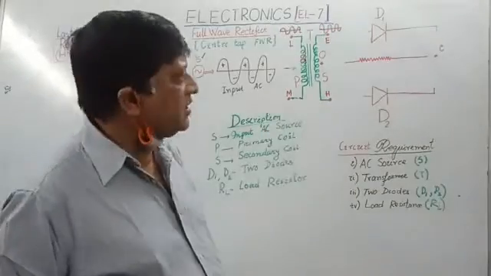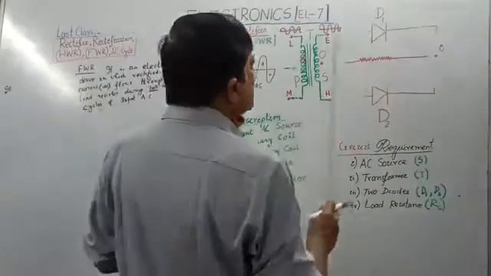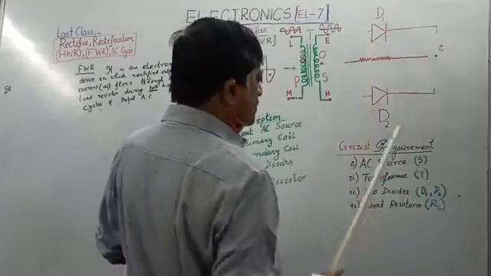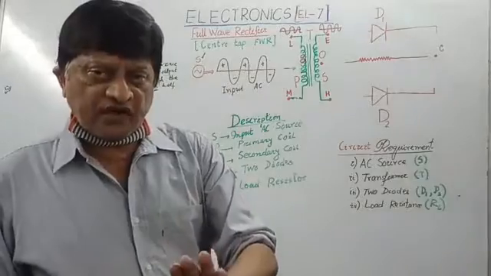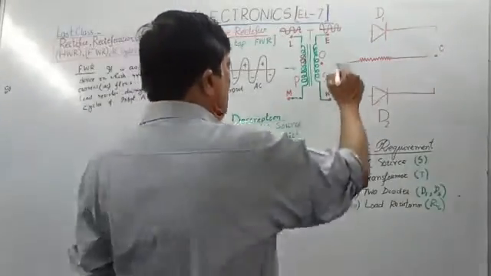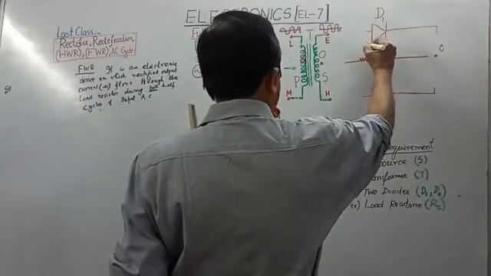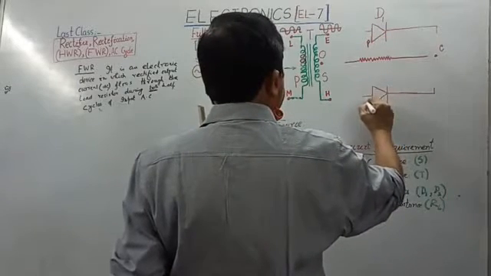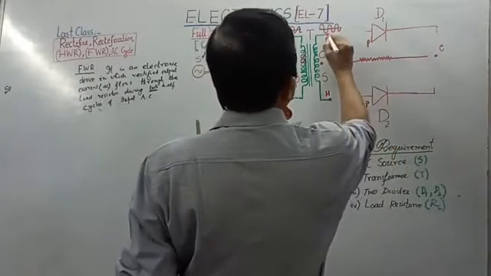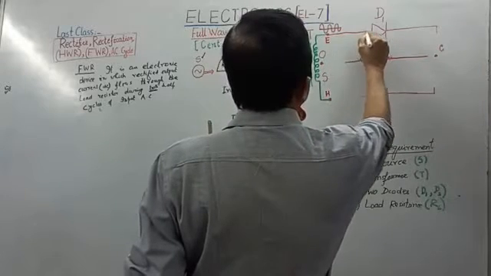Let us proceed further about the circuit. D1 and D2 are two diodes. These are semiconductor diodes. This section is obviously the P type, and this is also P type. Now you complete the circuit.